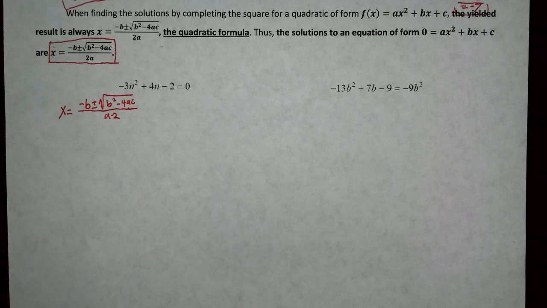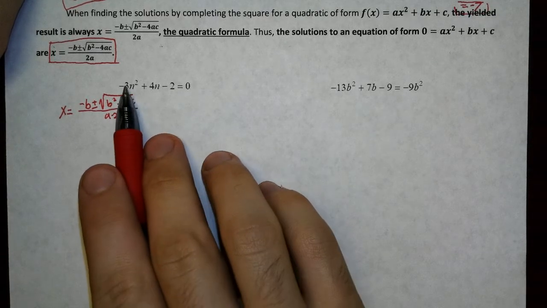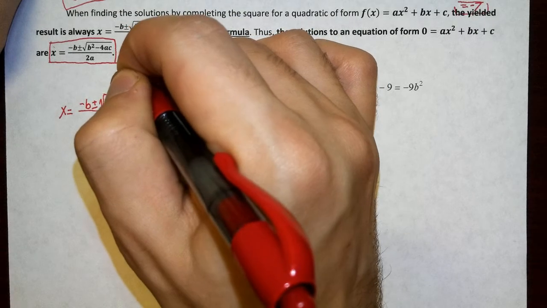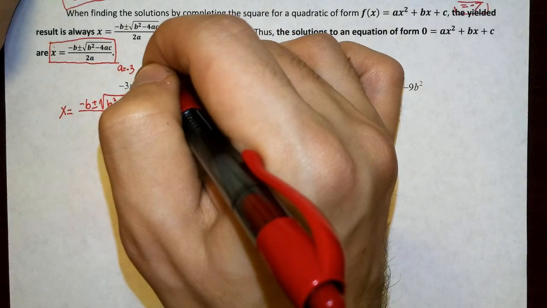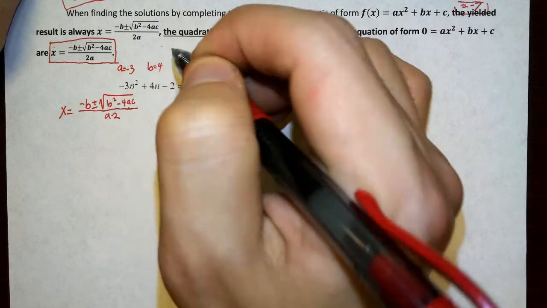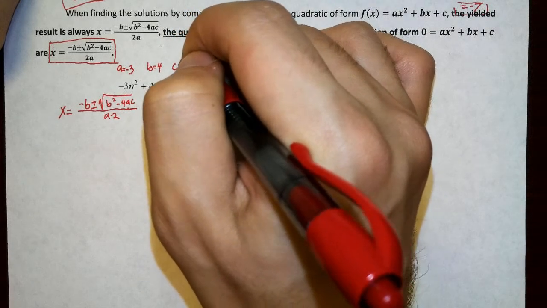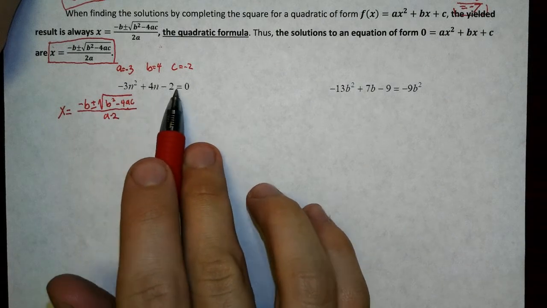So we write down our quadratic formula. We are now going to label our variables. This is going to help us keep everything straight. We don't want to get any mixing up going here. We want to be good mathematicians, and we want to label everything. So c equals -2, because this is my a, this is my b, and this is my c.